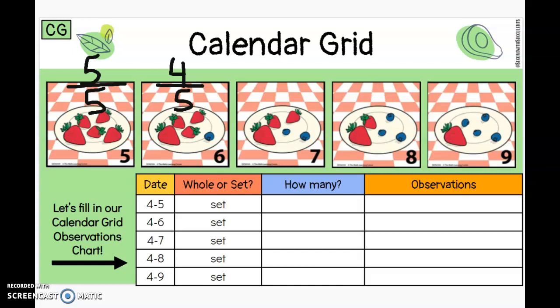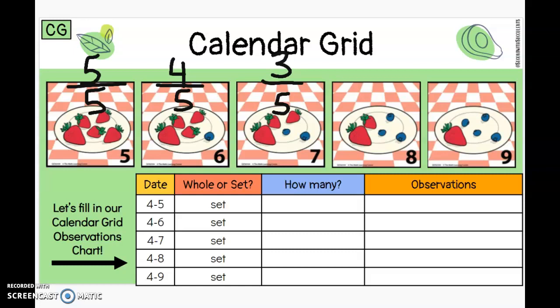Do we still have 5 pieces of fruit on the next calendar marker? Thumbs up or thumbs down? We sure do. We still have our 5 pieces of fruit. How many strawberries do we have now? We have 3 strawberries now.